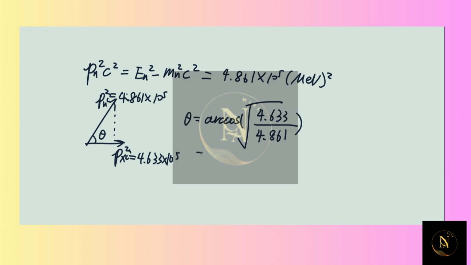This theta is equal to 12.5 degrees. So the direction that this neutron is moving is 12.5 degrees with respect to the y-axis. If the pion is moving in this direction, the neutron is going to move in this direction, at that angle with respect to the pion.